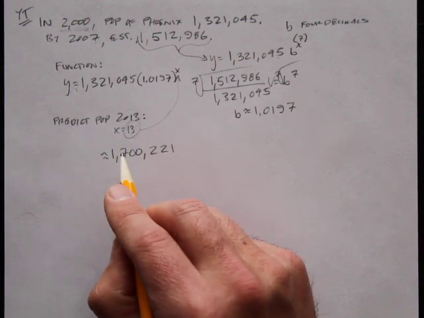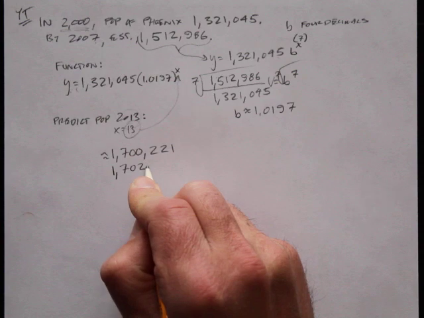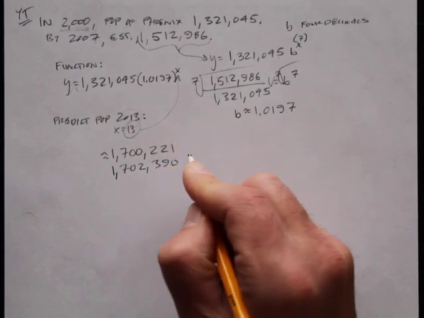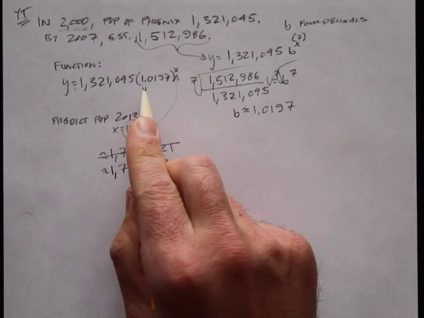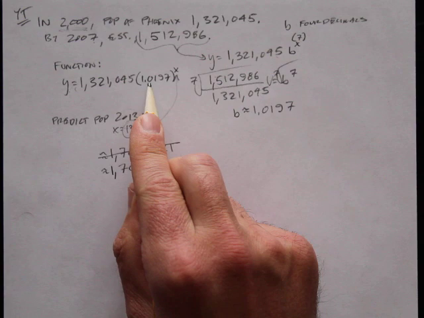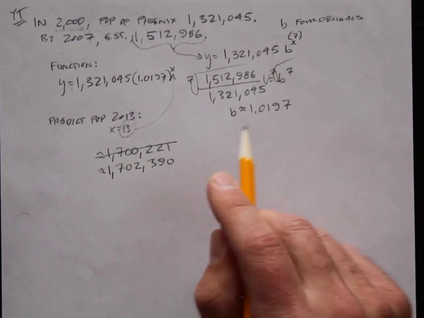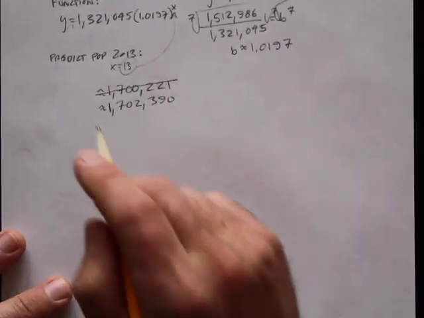And so this time when I plugged it in, I actually got 1,702,390. So this is what I got when I used 97. Isn't that crazy? Just that difference between 6 and 7 right here. 2,000 people. Pretty crazy. All right, the last little bit here is compound interest.